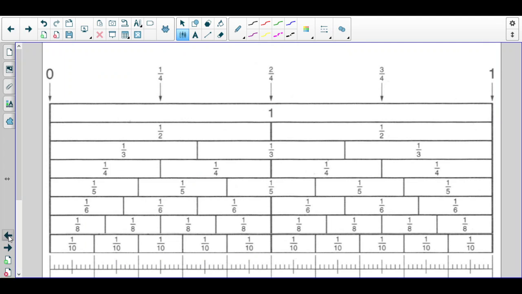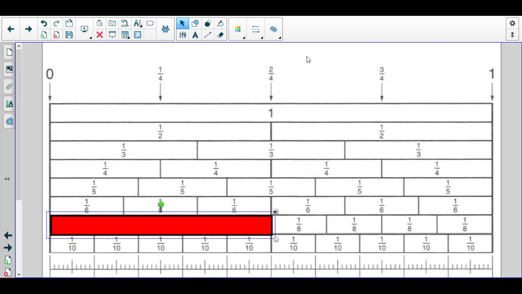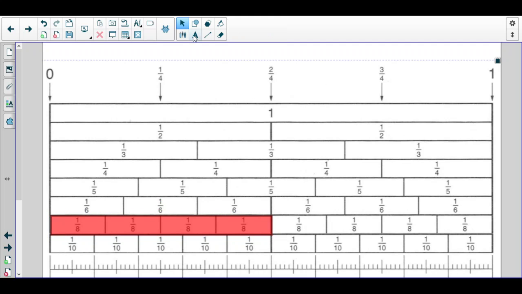Now, we can always go back to our chart right here and take a look. We had 4/8 right there. And one way to really utilize this chart is to look at where it ends. I'm going to draw a little line right here.